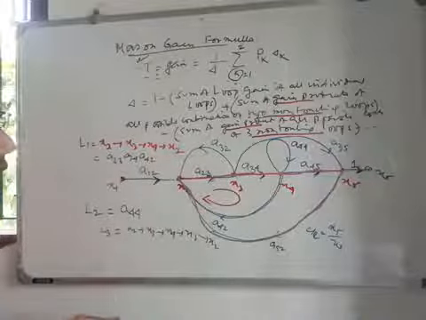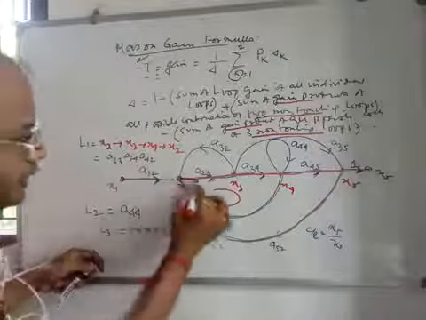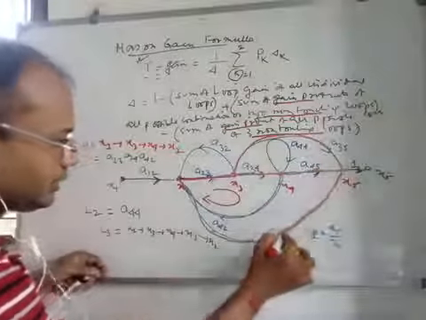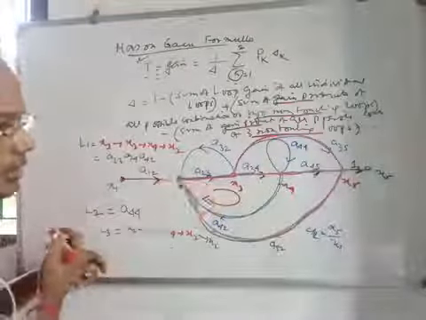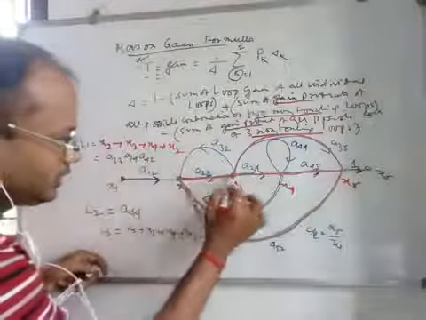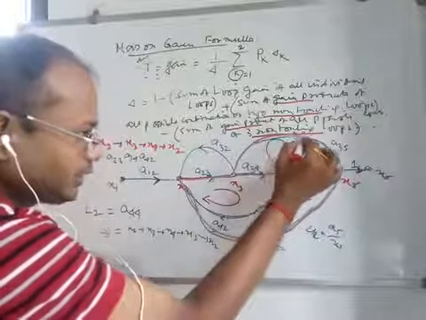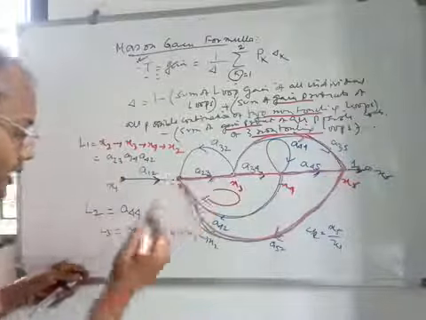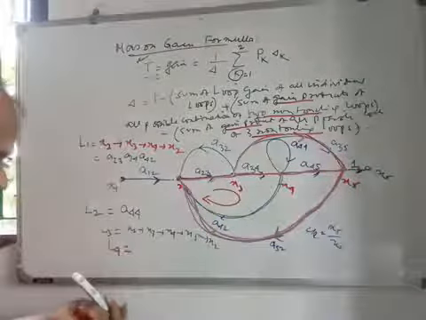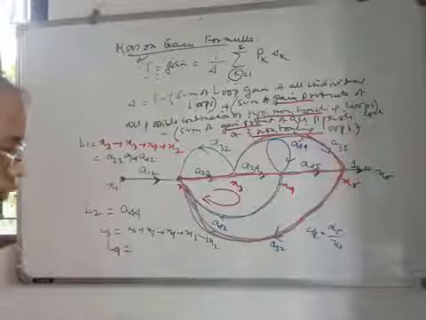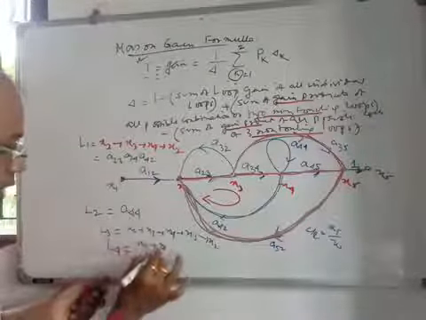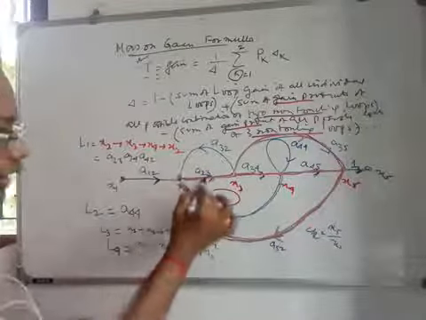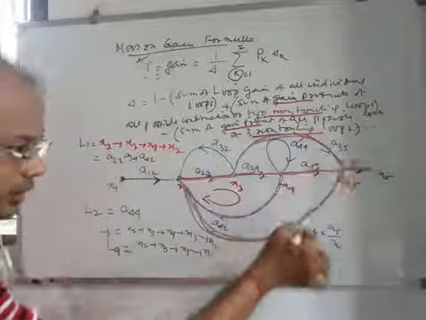Another loop can be found like x2 to x3, then x5, and then coming back to x2. This is the path where the signal moves in the same direction without traversing back, coming back to this path. So L4 could be the next loop. This is x2 to x3 to x5 to x2 back, so the gain will be a23, a35, a52.